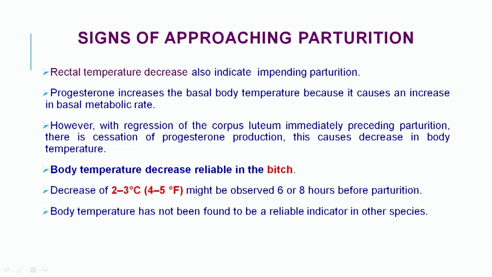However, once the corpus luteum regresses, the progesterone concentration falls and the estrogen concentration increases, so the body temperature decreases. This decrease is the most reliable sign of approaching parturition in the bitch, where the body temperature falls around 2 to 3 degrees Celsius, or 4 to 5 degrees Fahrenheit.